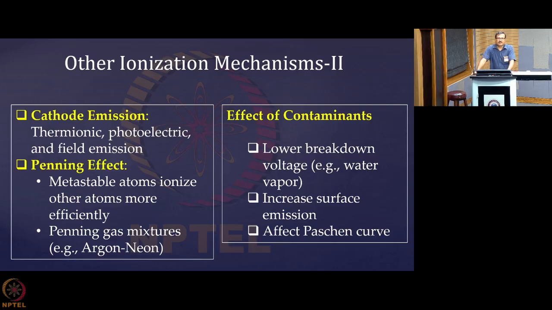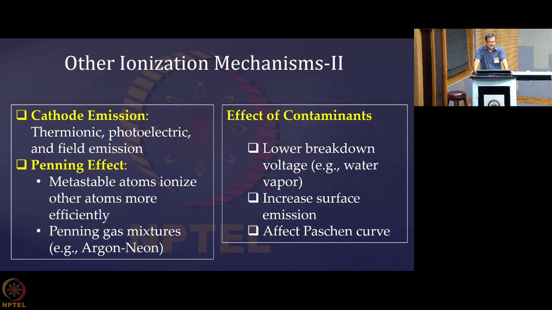Now, there was another important thing that we discussed, the Penning effect. That was very interesting in the sense that the role of metastable atoms in ionizing the gas was basically forming the mechanism. Now, what was there?